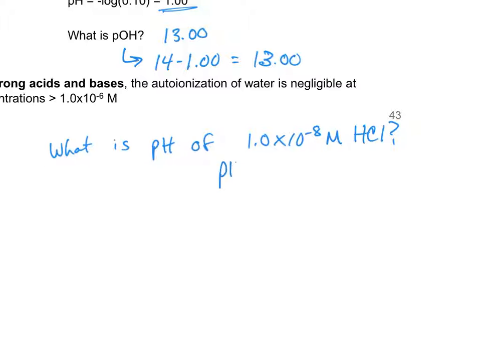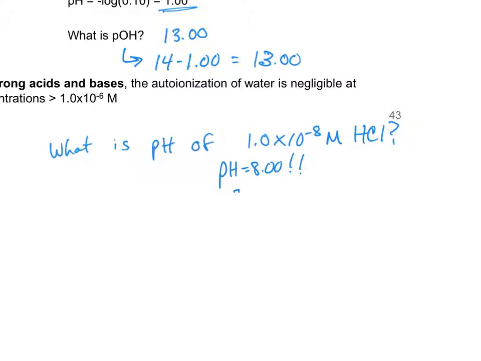Mathematically it makes sense. But it's an acid, and we know at 25 degrees Celsius our Kw is 1 times 10 to the minus 14. Anything that's an acid is going to have a pH less than 7. So how does this happen? This is a case where we can't ignore the autoionization of water.